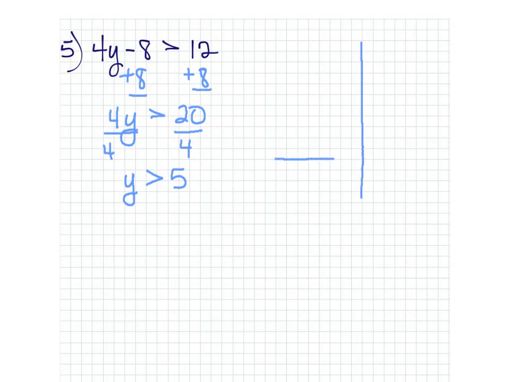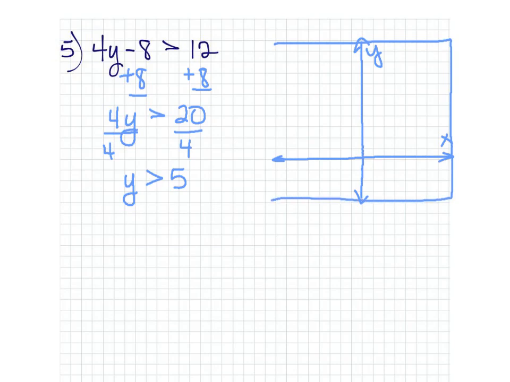I'm going to put my x-axis way down here because I know that I have nothing on the negative side of the y-axis. So let's box it in. Always remember, please, when you're graphing inequalities, to draw them within a box. I'm going to draw my boundary, and I ask myself, is my boundary a solid line or a dashed line?